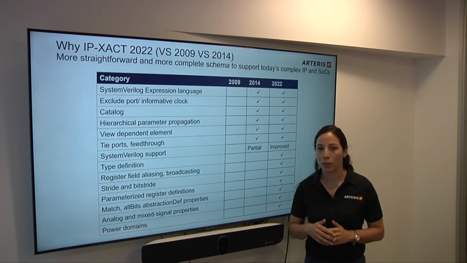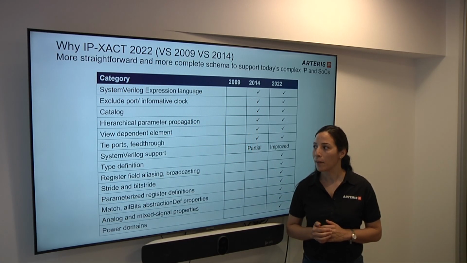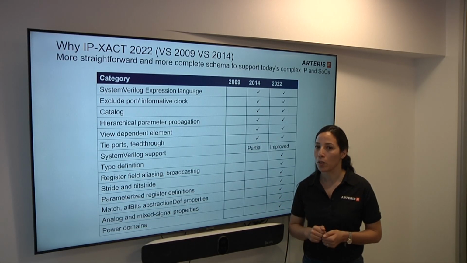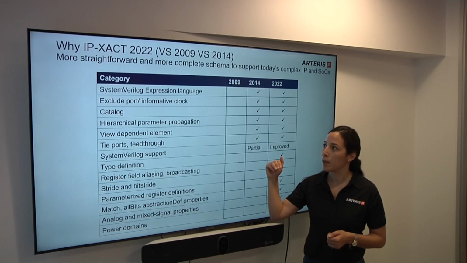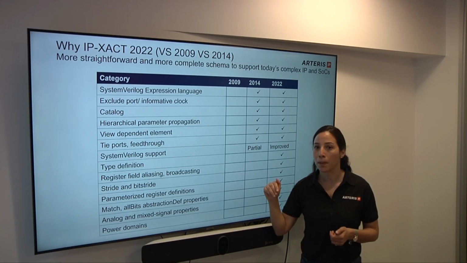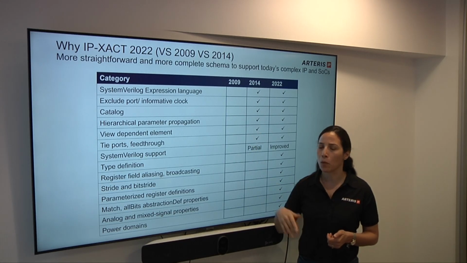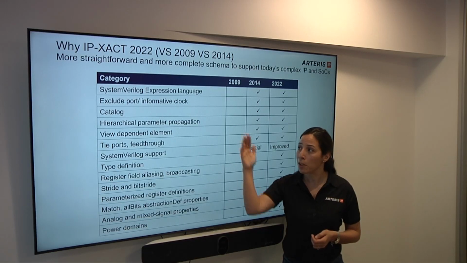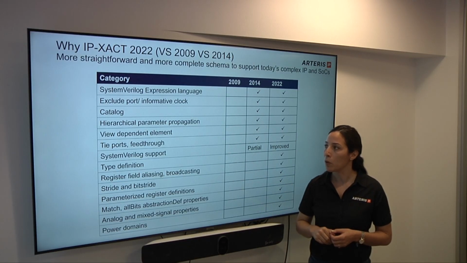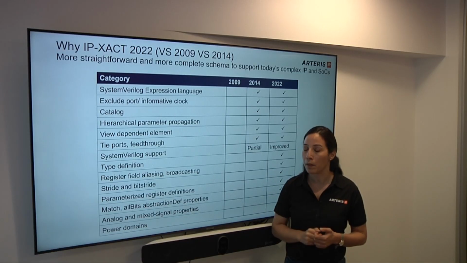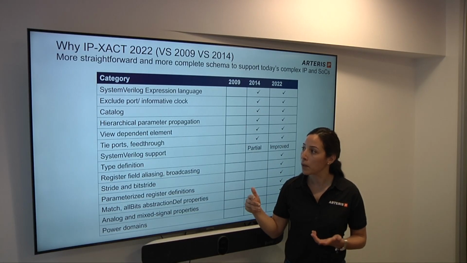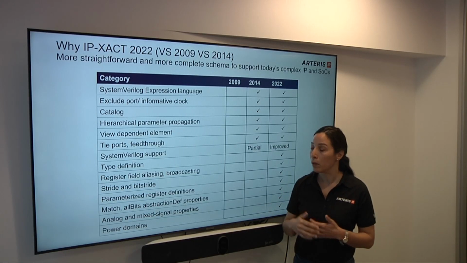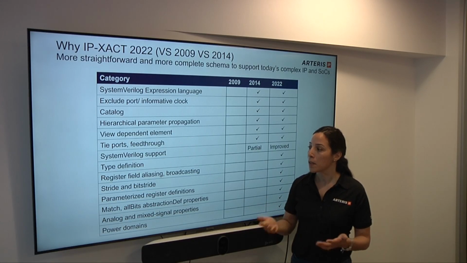Actually, the new version, IP-XACT 2022, is addressing more and more limitations that have been seen in the previous version of the standard. So we have a better definition of the expressions using SystemVerilog. In IP-XACT 2009, we were using XPath, which was not very user-friendly. We have the management of the catalogs that are now handled natively with this new version. We have a better support of SystemVerilog with all the new structs and SystemVerilog interfaces.